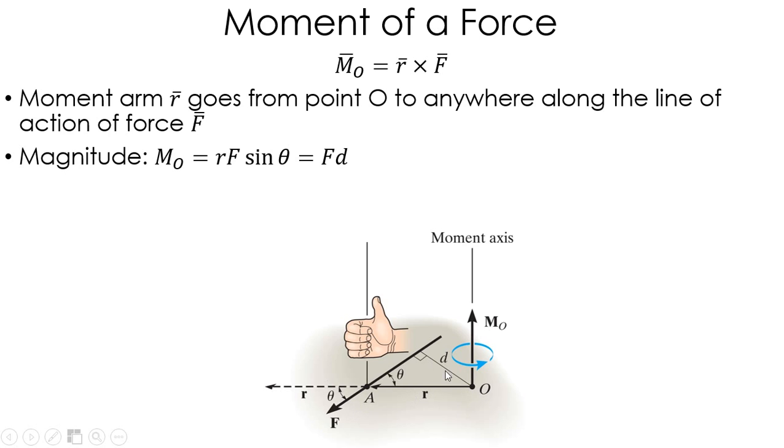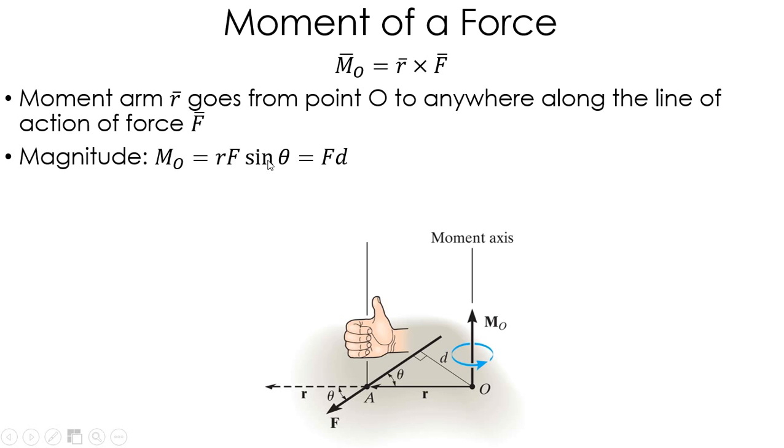Now, if you think about drawing that perpendicular line, that's really hard to visualize and do in 3 dimensions, so we typically do this cross product. But if you were able to draw that perpendicular distance, d, recognize that that's opposite of theta here. So r sine theta times F is the same thing as the magnitude we got from the cross product previously.